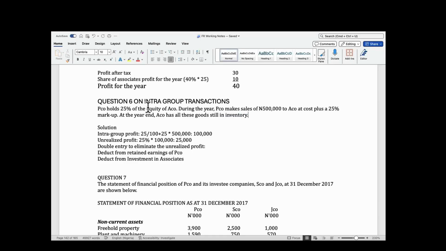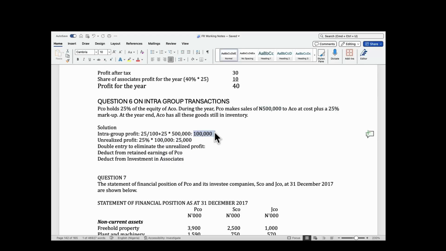So here there's an intra-group profit of a markup of 25%. You cannot apply 25% on selling price. If you do that, you are wrong. You need to bring this 25% to 125%. So it will be 25 over 125 times 500, which is what I've done here. So the intra-group profit is 100,000.